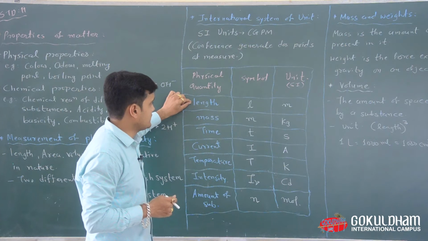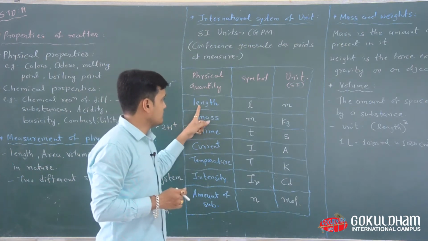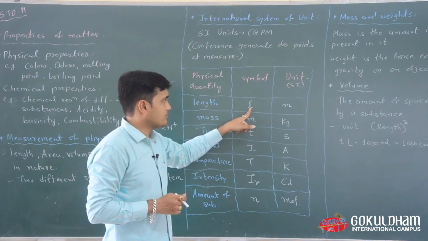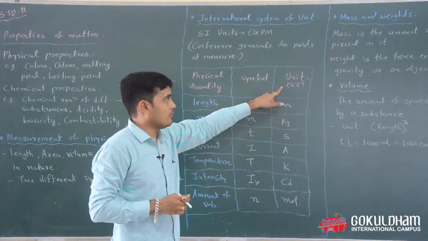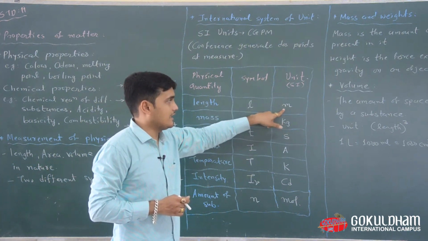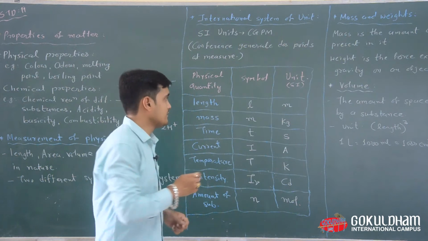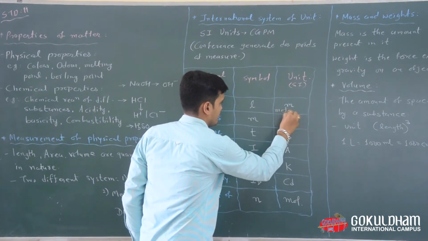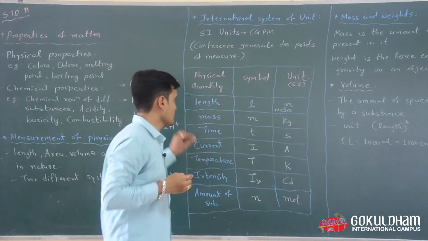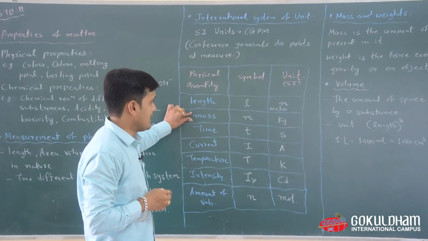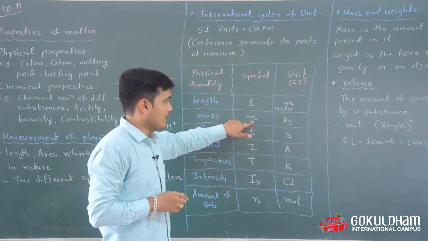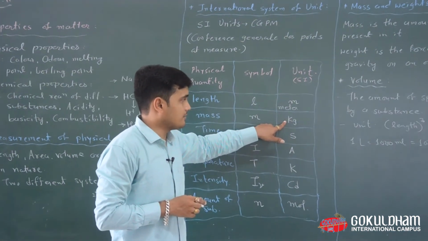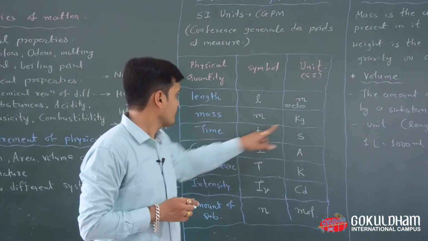The physical quantity is length. Length is denoted by small l, and the unit of length in SI is small m. This small m means meter. Second is mass, small m, and the SI unit is kilogram.